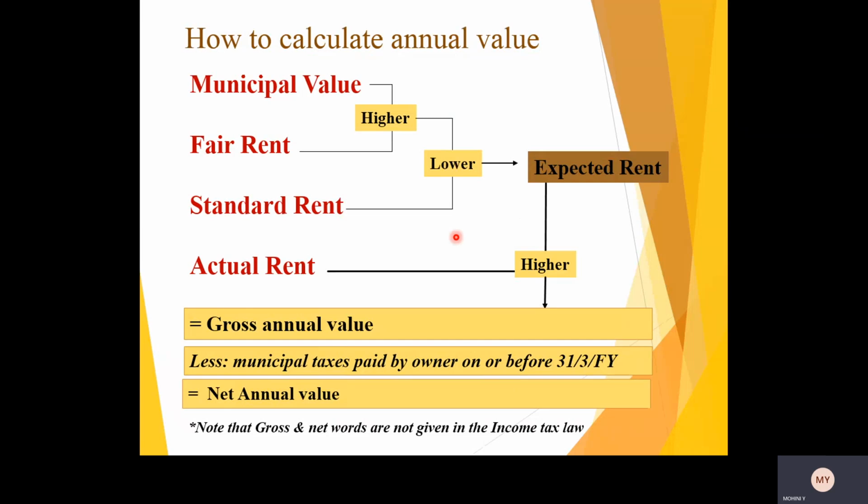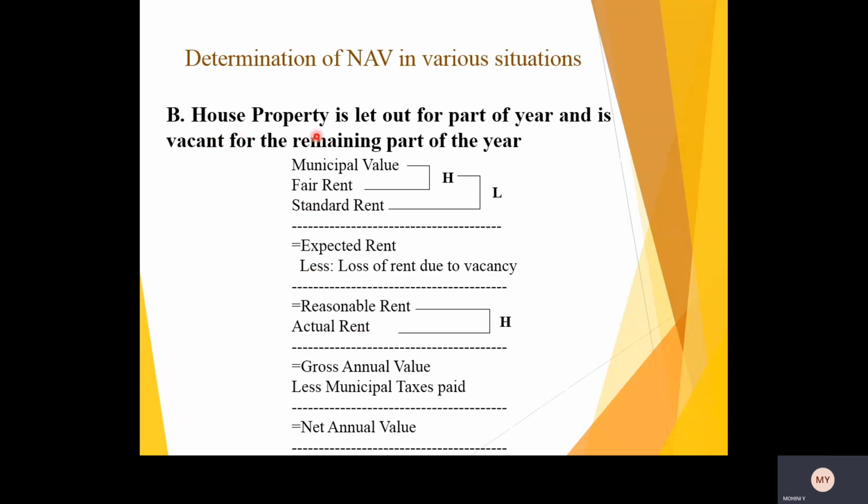Then the next situation is let out for part of the year and vacant for the remaining part of the year. When it is mentioned that you have given the property on rent for 9 months and for the remaining 3 months it was vacant, you were not able to find any tenant during that time, then you follow this rule: municipal value and fair rent, higher; then higher with standard rent, lower; that is expected rent.